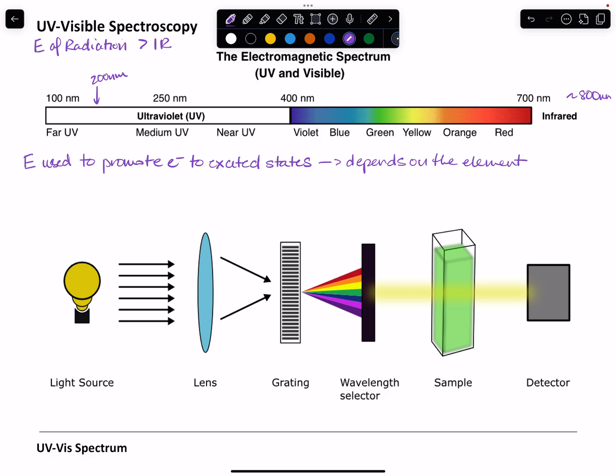You can imagine that an element with more protons in its central nucleus may be harder to move its electrons around compared to something with fewer protons, or something with more principal shells, more electronic shells, might be easier to move some of those outer electrons compared to something with fewer. So there's going to be some difference in the energy required to promote these electrons from their ground state to their excited state.